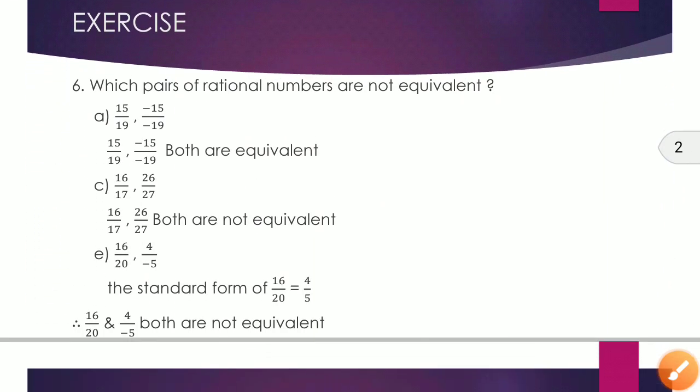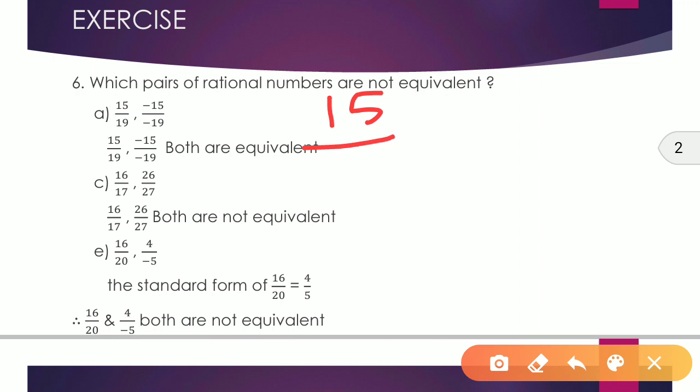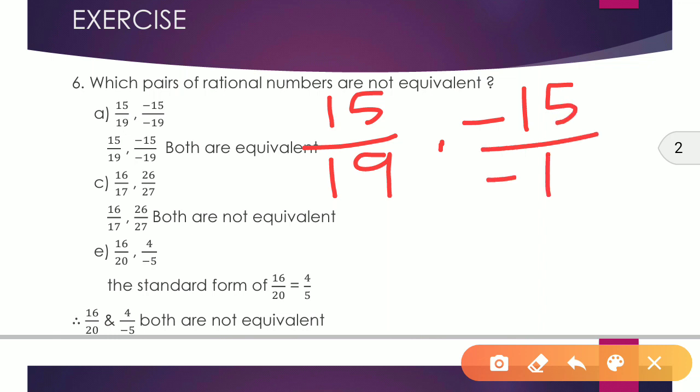Next question number 6 is, which pair of rational numbers are not equivalent? First is 15 by 19 and -15 by -19. First one is 15 by 19. You have to compare both the rational numbers, whether they are equivalent or not. We cannot simplify this number.